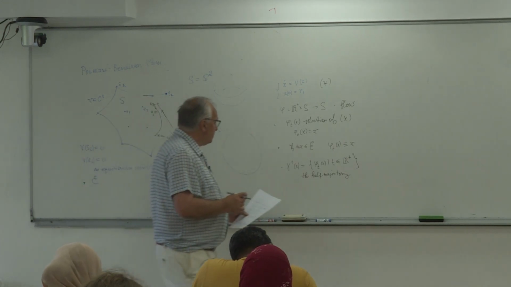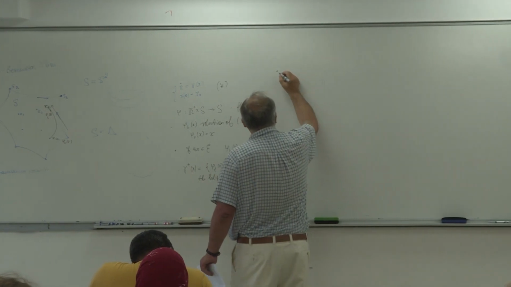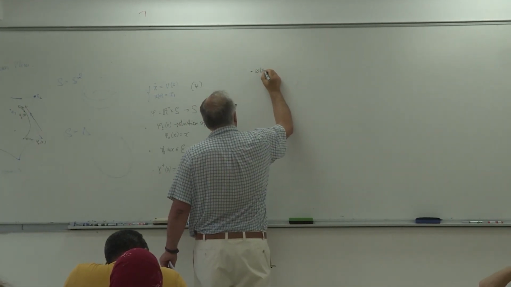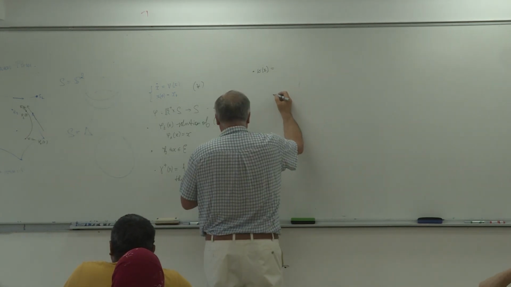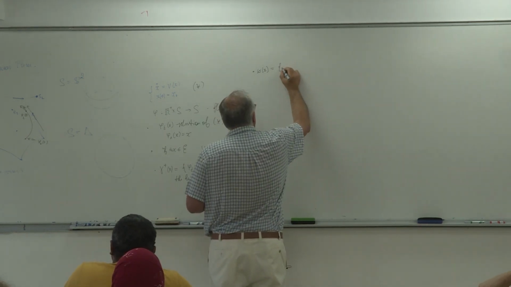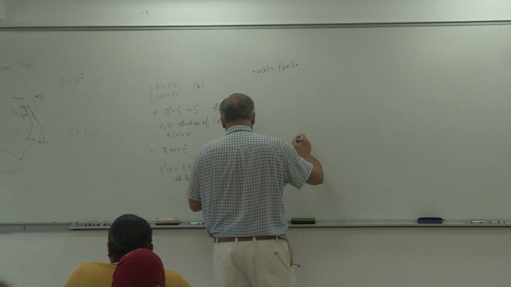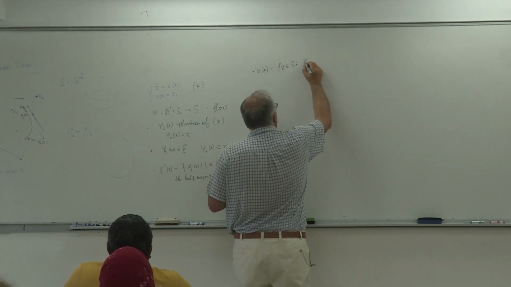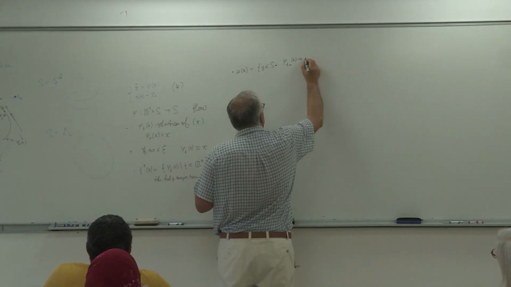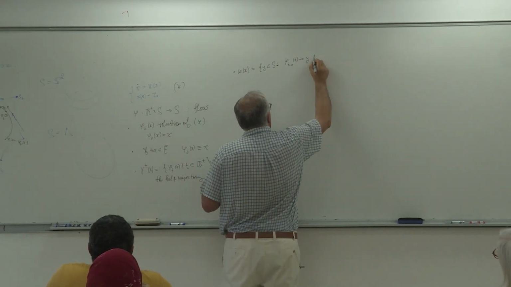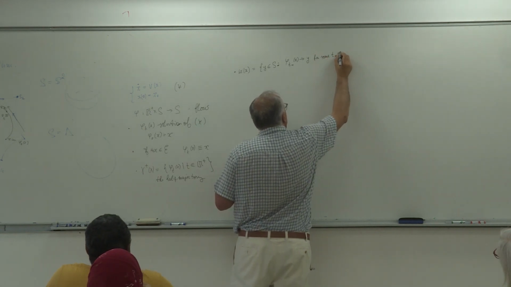And now the first notion we shall need is the notion of the limit set, omega of x. It's the set of all y's in S such that phi t_n of x tends to y for some t_n going to plus infinity.